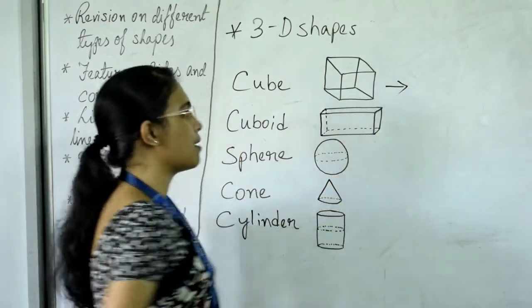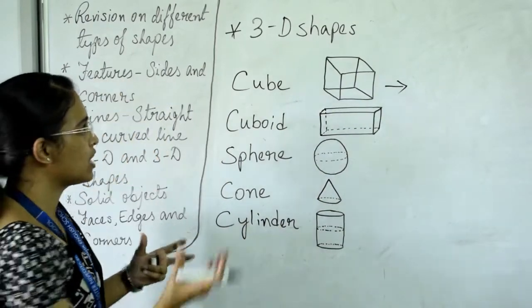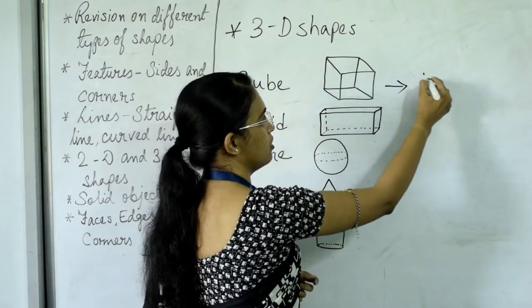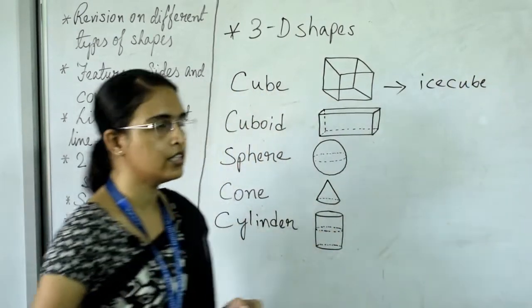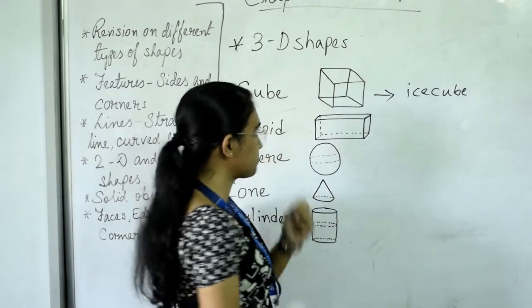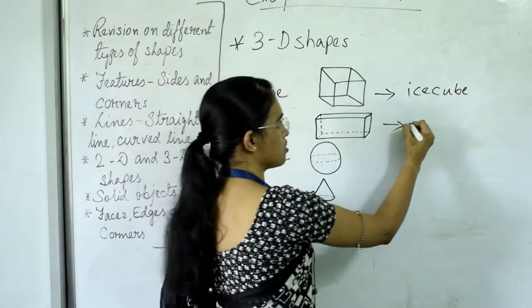Can you give an example of a cube? What are the things that look like a cube? Like ice cube, for example. Ice cube looks like a cube, right? Then what is an example of cuboid? Book or matchbox.